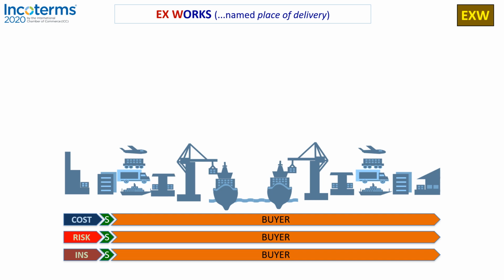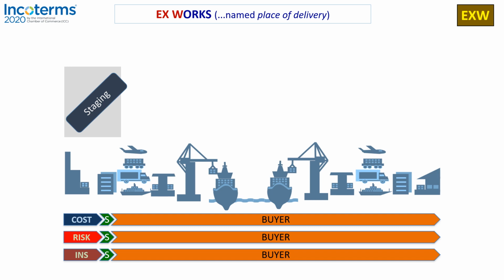So let us analyze the different aspects which come in a transaction. Starting from, say, staging of the cargo, which means getting the cargo prepared. When we looked at the grocery example, the staging is done by the seller where the cargo is already kept ready. So in Ex Works also, we have an option where the staging of the cargo is done by the seller.